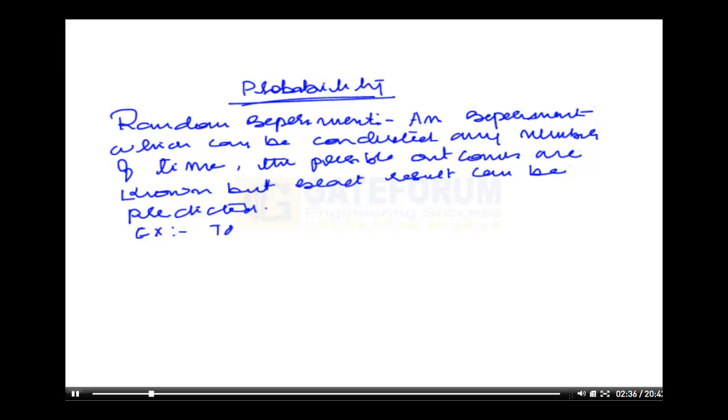Tossing of a coin. Before we toss a coin, we know the outcomes, either head or tail, but exactly we cannot say what the result of the experiment is when you toss a coin. We know the outcomes, but we cannot say exactly.